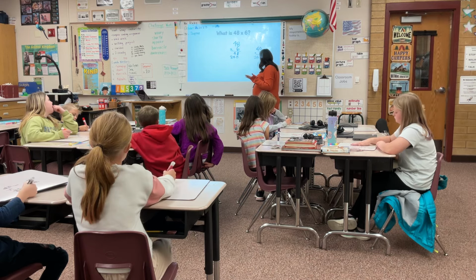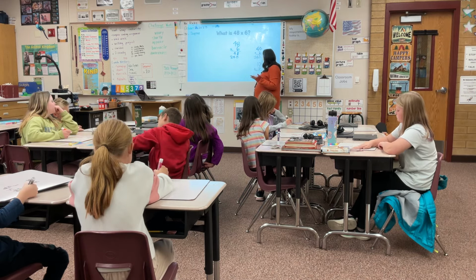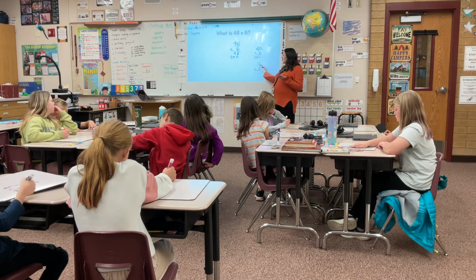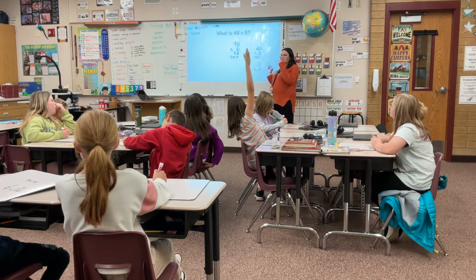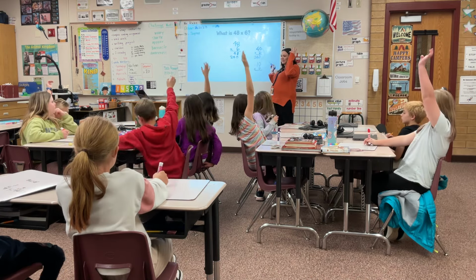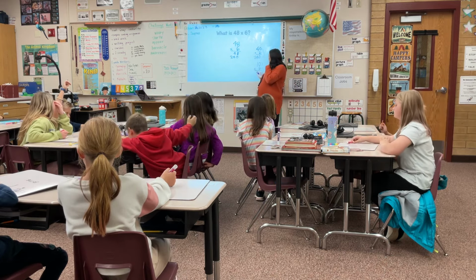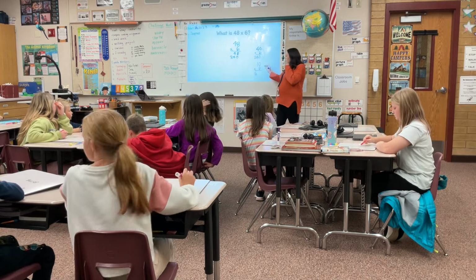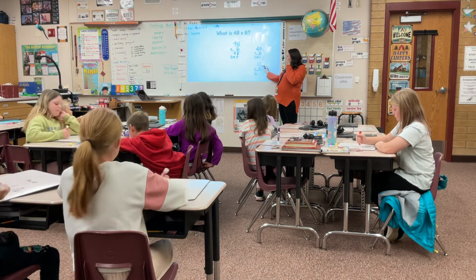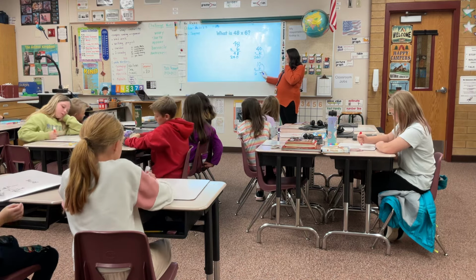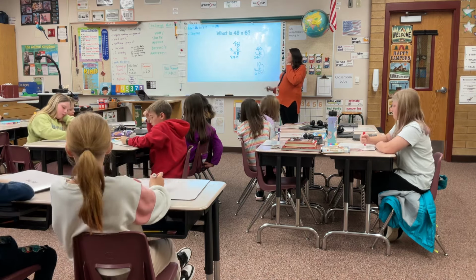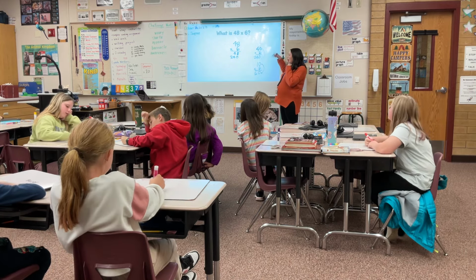If you did 10 times 6, who can tell me what 6 times 1 is? What's 6 times 1, Riker? 6. But since we have that 0 right here, we need to bring that 0 down. 60. So it's the same when we're multiplying with any other number.